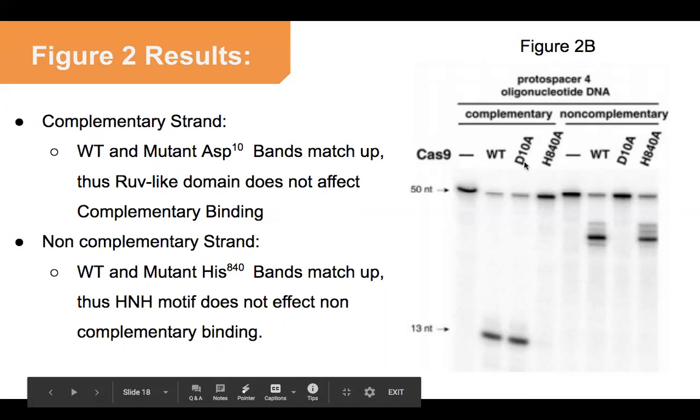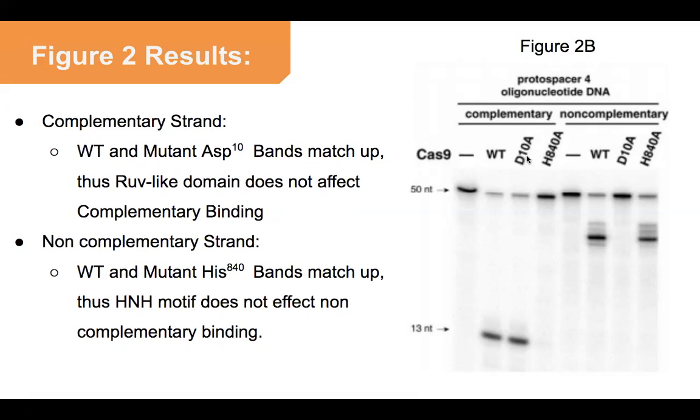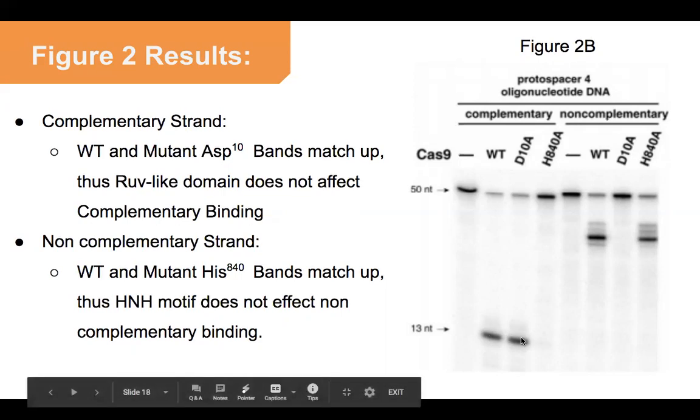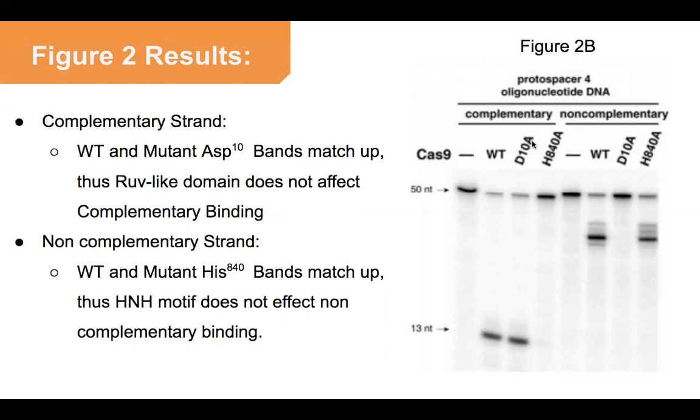And then you can see here that a mutation on the aspartic acid on the RuvC-like domain results in a very similar band. So that means that in this case, the RuvC endonuclease site is not active, and in the complementary section it matches up with the wild type, which means that the HNH motif is the endonucleolytic site that is doing the work in this case. Another way you can confirm that is you look at the negative control, and that band lines up.